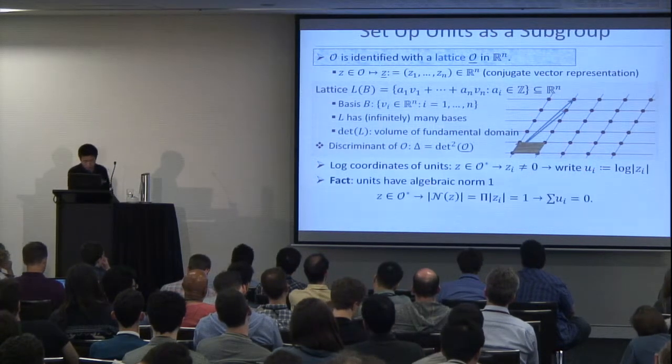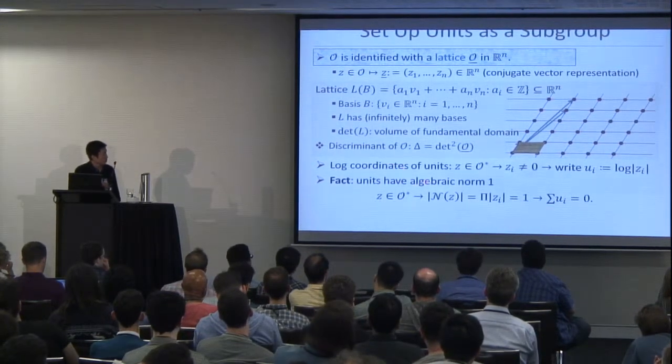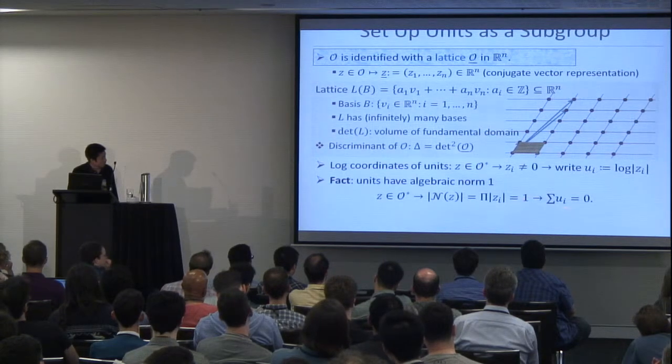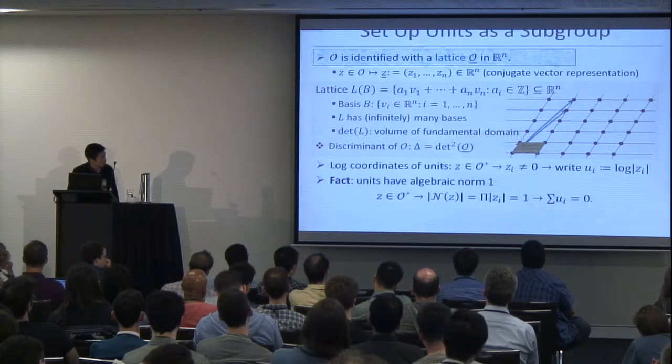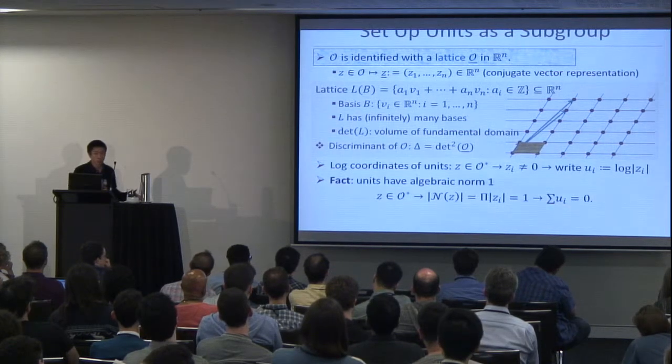And there's another characteristic for units, namely they have algebraic norm 1, which says that the product of those coordinates will be 1. So under this additive structure, the summation of the log coordinates will be 0.